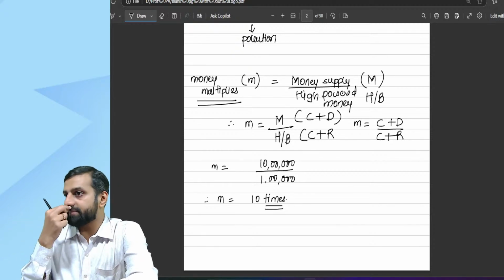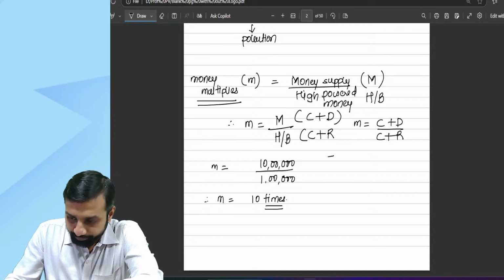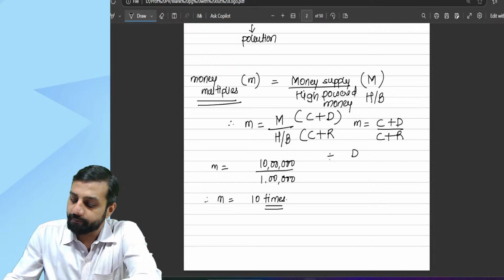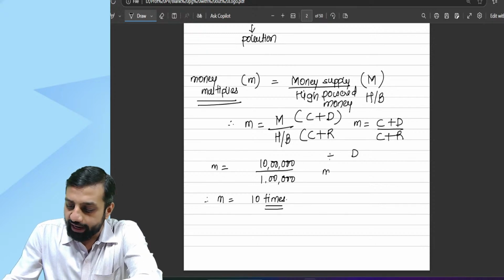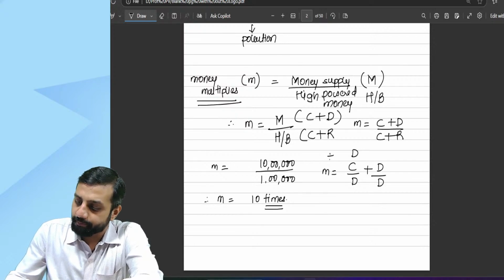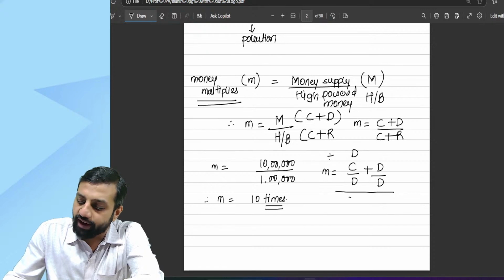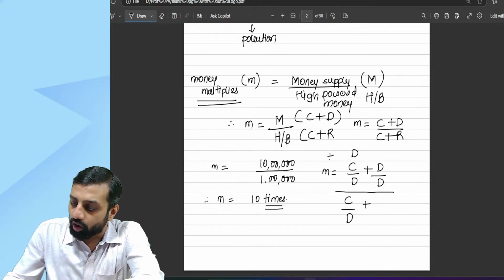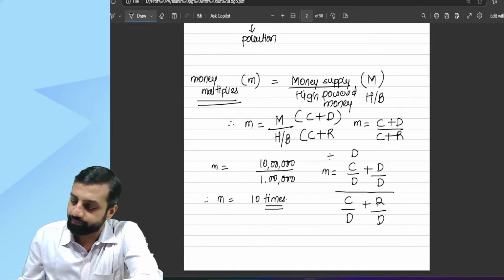High powered money can be written as C plus R. So when you divide this equation with D, you will get M is equal to C upon D plus D upon D, the whole divided by C upon D plus R upon D.